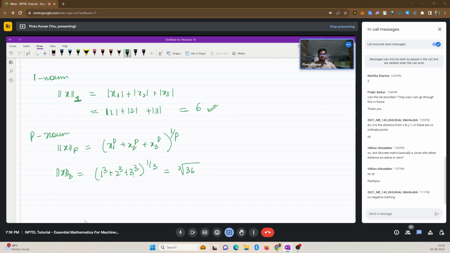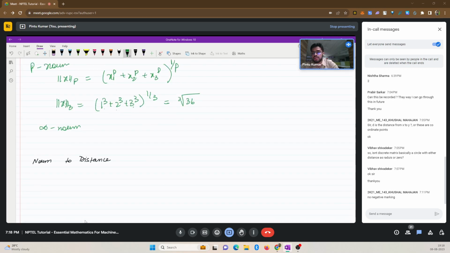And there is one more norm called the infinity norm. I think all these norms are there in the question that is asked, that's why I'm mentioning. So what is the infinity norm? This is the maximum of mod of x1, mod of x2, mod of x3.